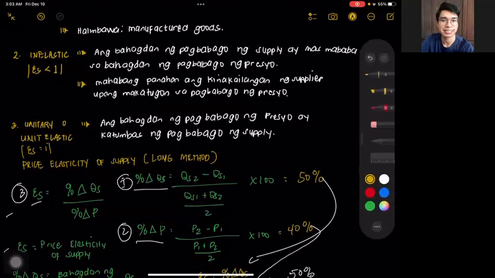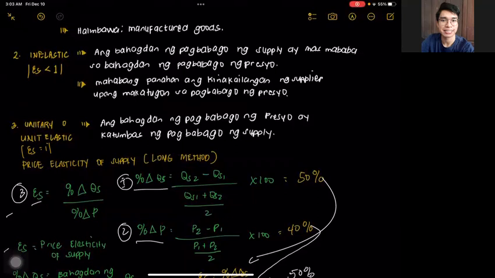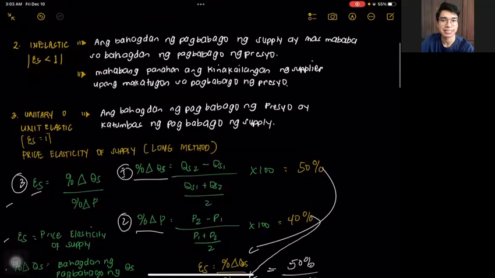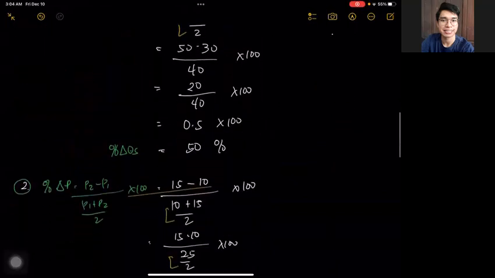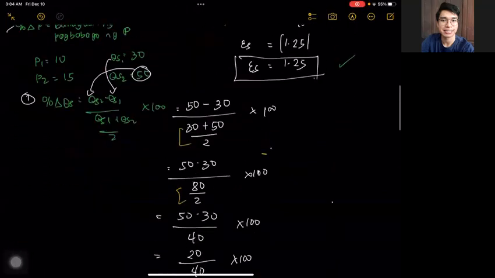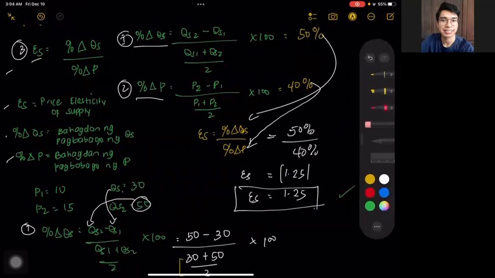So balikan natin yung nakuha nating value ng supply. Tukuyin natin kung anong uri ito ng elasticity. Kung makikita natin, ang ating value na nakuha is 1.25. Ibig sabihin, ang 1.25 po ay greater than 1, kaya masasabi nating elastic.